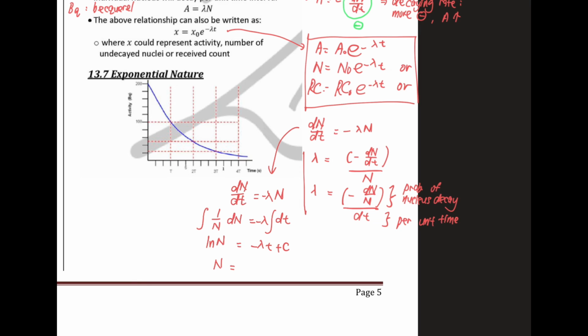So we change the ln to exponent. Then you will get e^c times e to the minus lambda t.